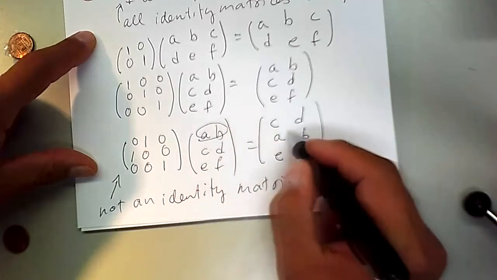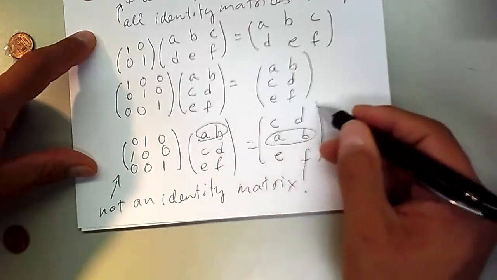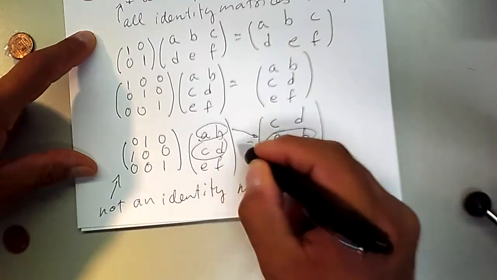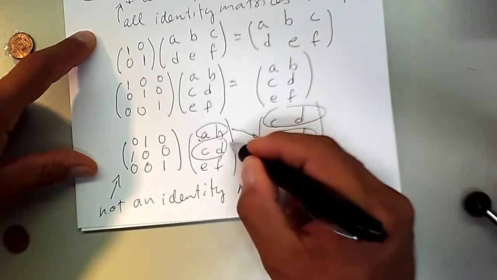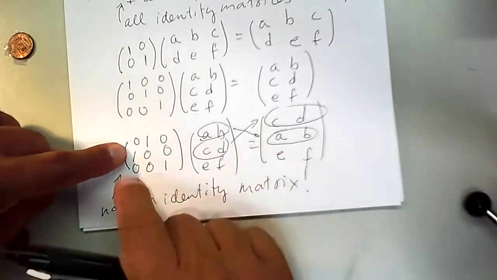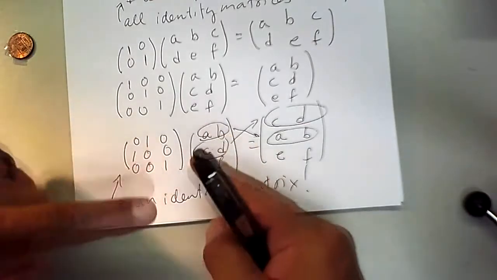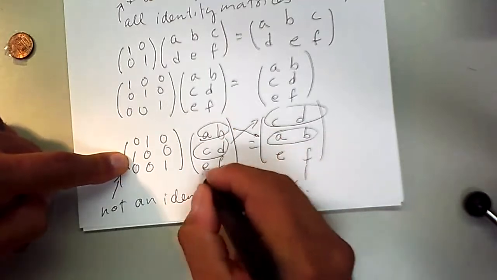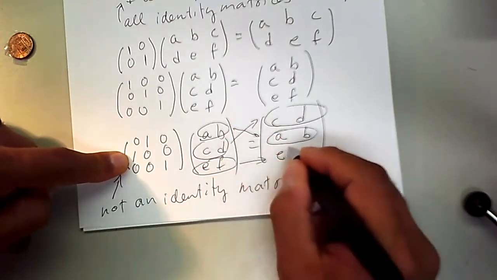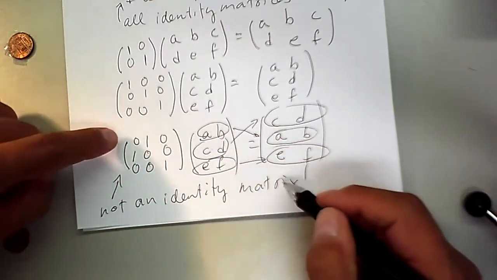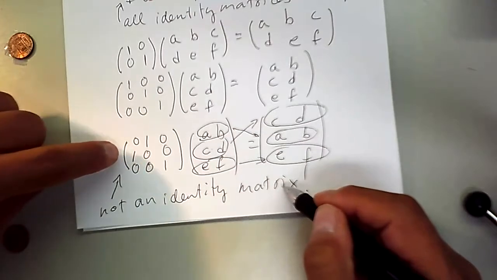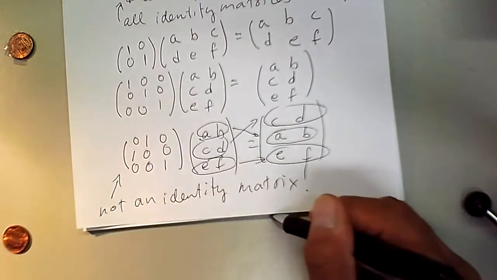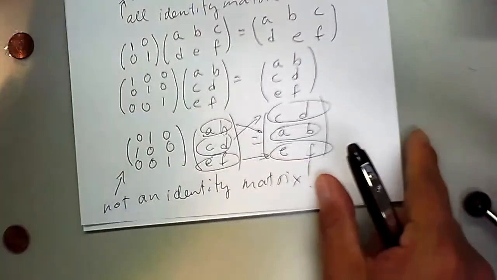AB is placed together, but on the second row, and CD is placed on the first row. So this matrix acts on this matrix by swapping the first row and the second row, and the third row remains intact. Isn't that neat? We're learning how matrices affect other matrices. They act on them.